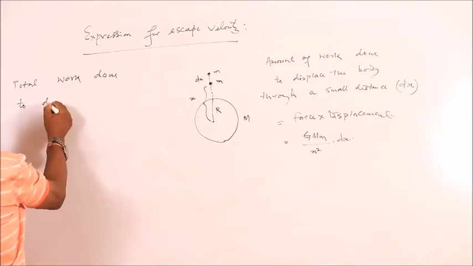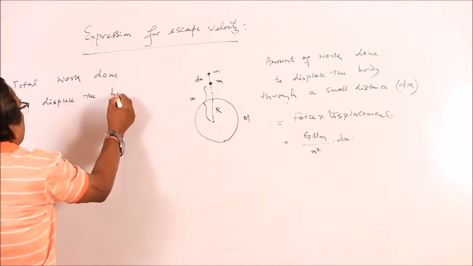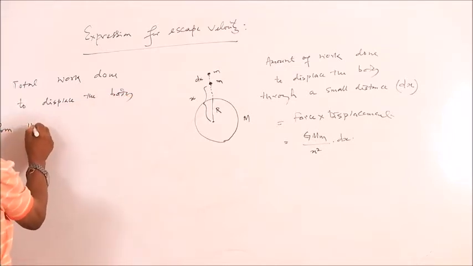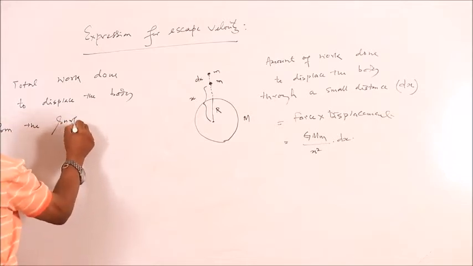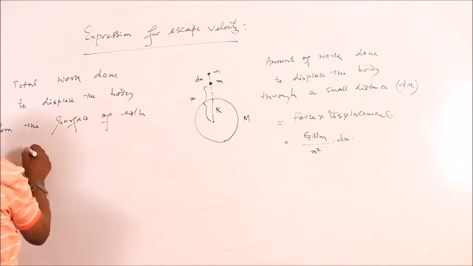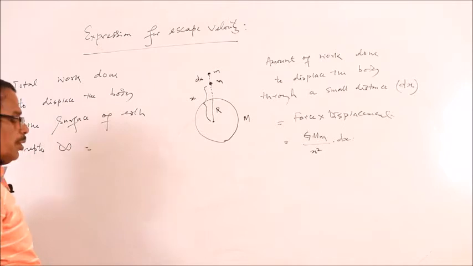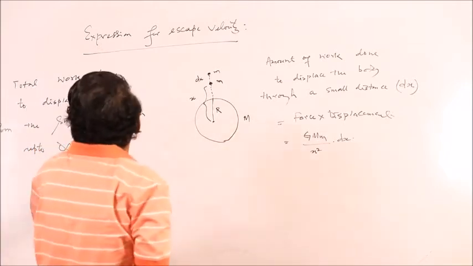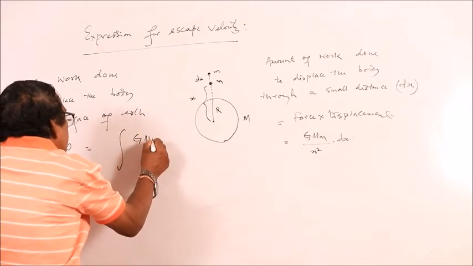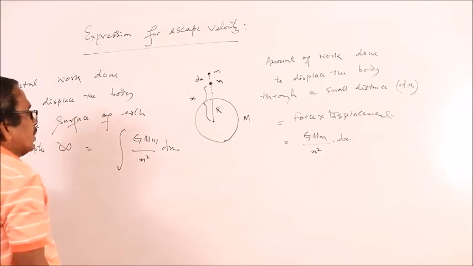Total work done to displace the body from the surface of earth up to infinity will be the integral of this G M m by x square dx. Integration of G M m by x square dx.